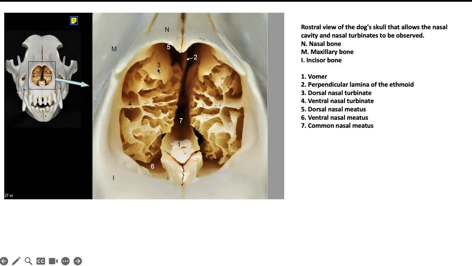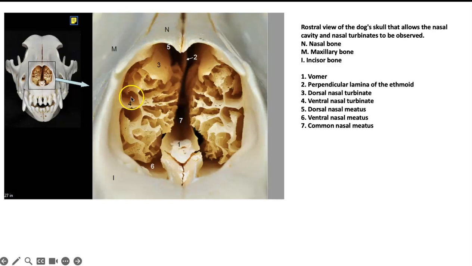Don't confuse turbinate and concha. The turbinate bone is the bone itself. When the turbinate bone is covered by respiratory mucous membrane, it becomes a concha. So you can see right here the dorsal nasal turbinate, because it is only bone not covered by mucous membrane, so I can name it a dorsal nasal turbinate.